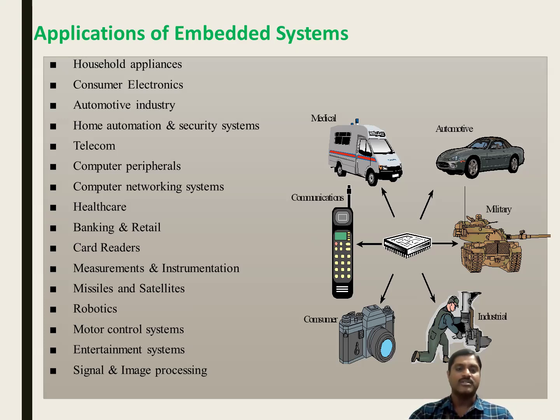Coming to computer peripherals, we have network routers, switches, hubs, and firewalls. Then the healthcare monitoring system, where we have different kinds of scanners like EEG and ECG machines, etc.